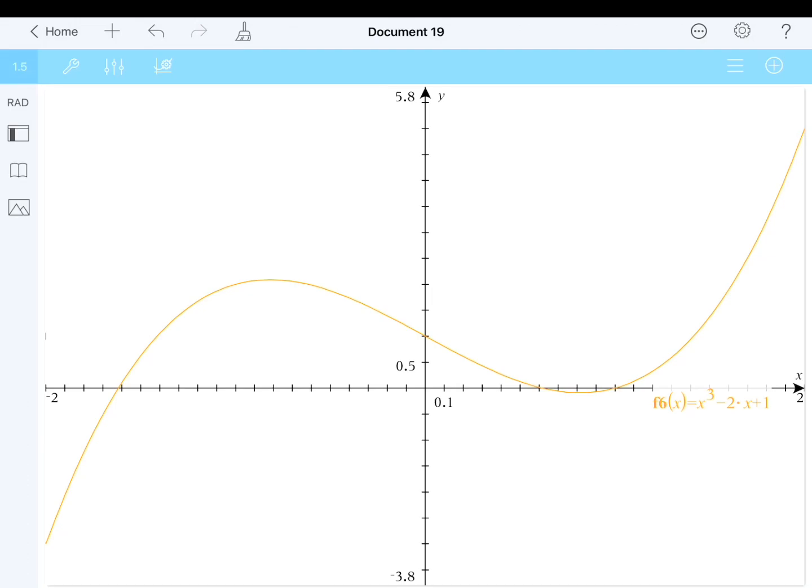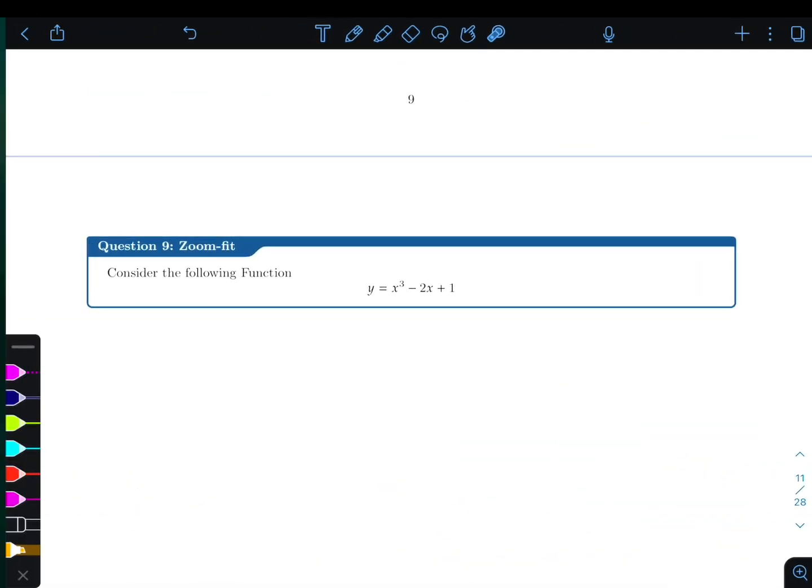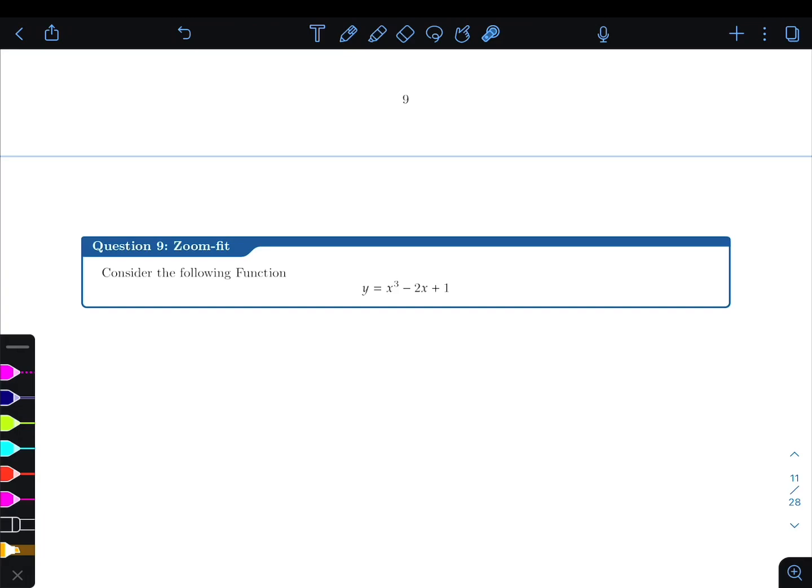The range according to that will probably not demonstrate the local maximum and minimum well around plus minus 1. So it really depends on how you set up your domain. But generally speaking, I would encourage you not to use the zoom fit for the polynomial or exponential where you know it's going to diverge very quickly.